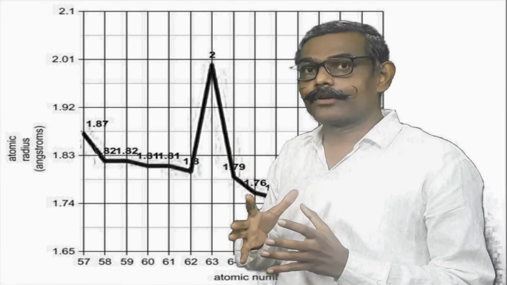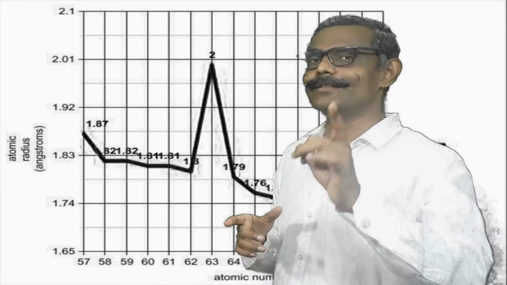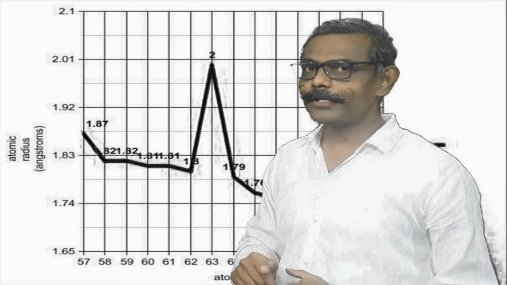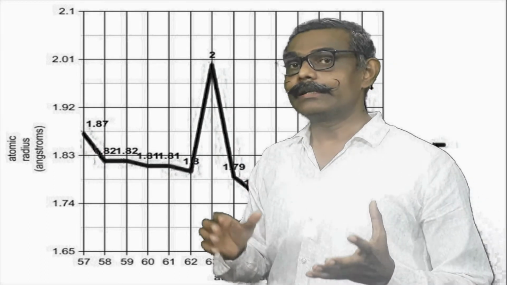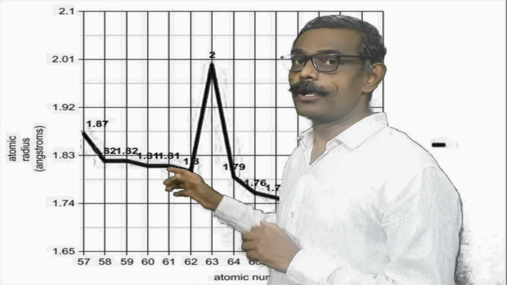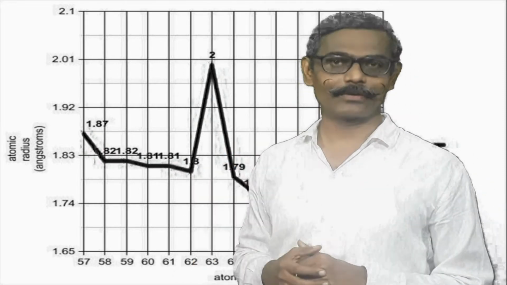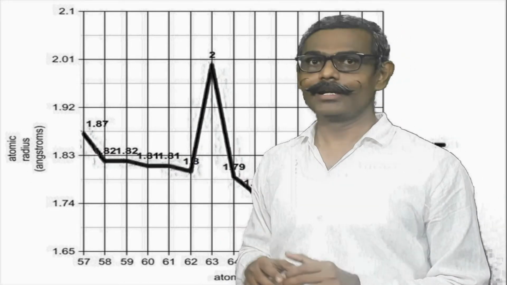If you see lanthanoids, who are they? Metals or non-metals? Metals. So metallic bonding is there within them. Metallic bonding is due to free electrons, and the free electrons in lanthanum, cerium, and europium are different. For europium and ytterbium, 2 electrons are the free electrons, and for other lanthanoids 3 electrons are free.